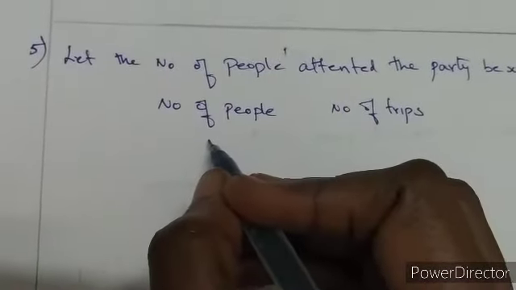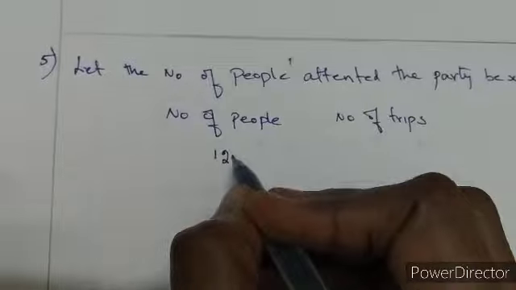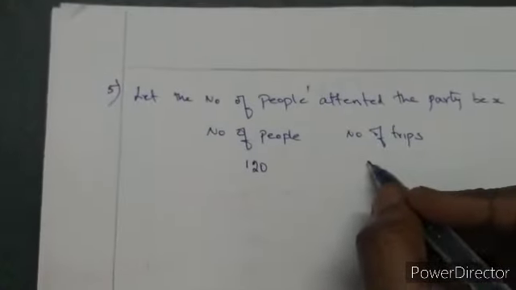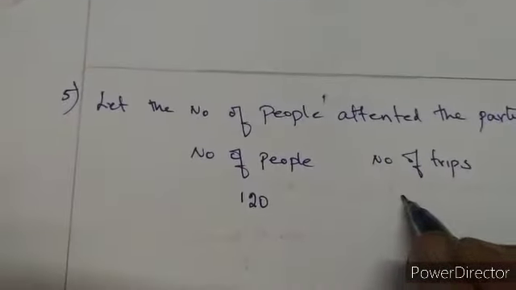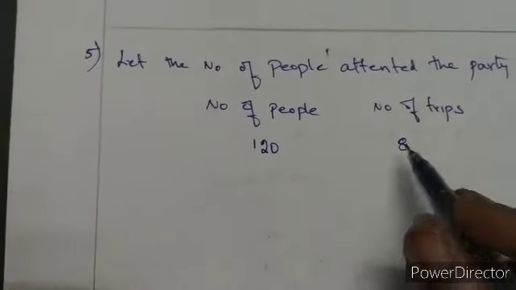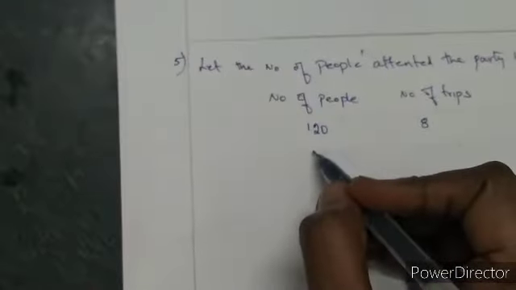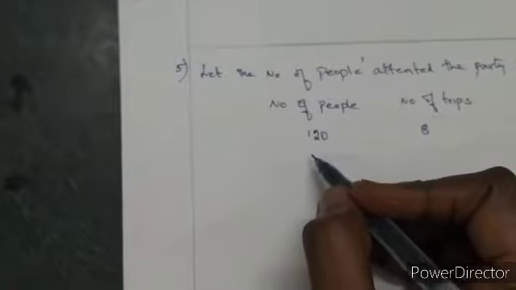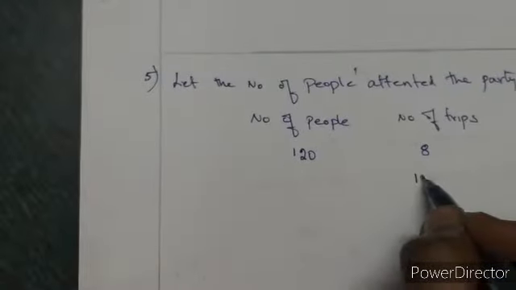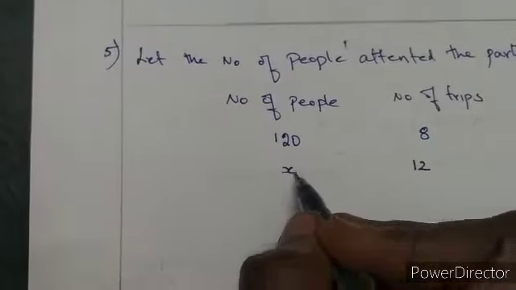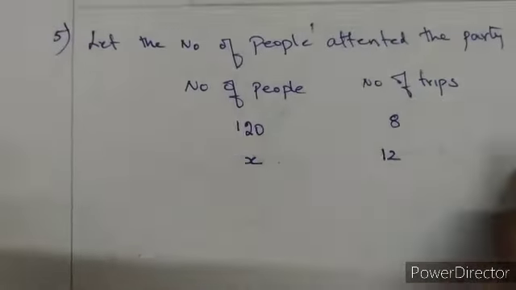For 120 people, what is given in the question for the trips? The trips in the lift is 8 trips. And for 12 trips, what will be the count of the people?